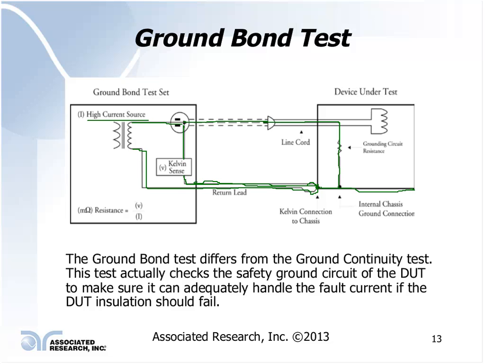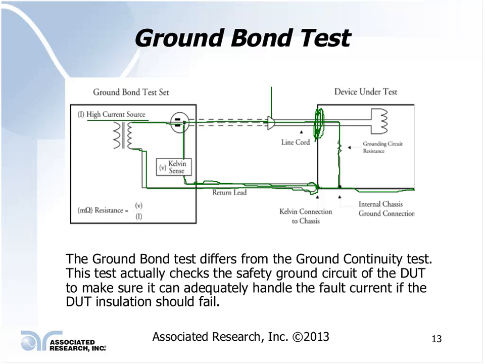So whenever we do a ground bond test with one of our products that employs a Kelvin system, we're actually measuring the resistance from either the ground blade of the attachment plug, wherever it is being connected to our adapter box or to our product, or if you have a removable line cord, from the receptacle that line cord plugs into. You make that measurement from that point to the chassis or dead metal on the product to measure the resistance of this ground circuit.